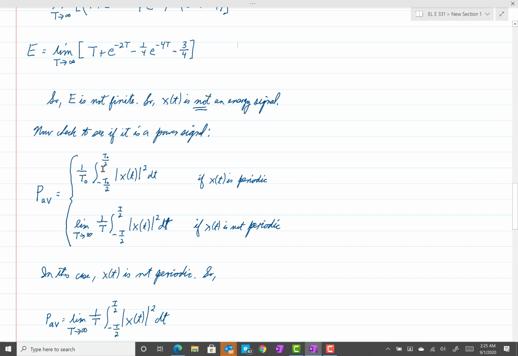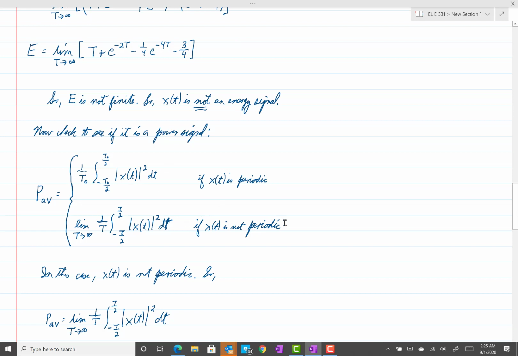And by the way, the limits here are shown as minus T naught over 2 to T naught over 2, but you don't have to use those limits. As long as you integrate over 1 period, it'll be fine. So you could integrate, for instance, from 0 to T naught if you would prefer. But just keep in mind that you can do this only when x of t is periodic.